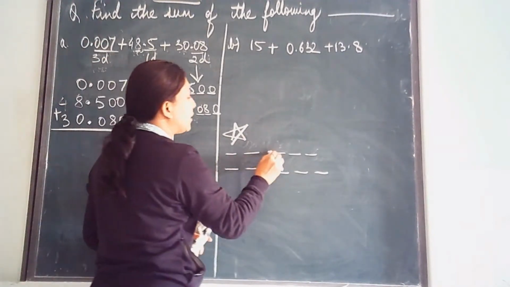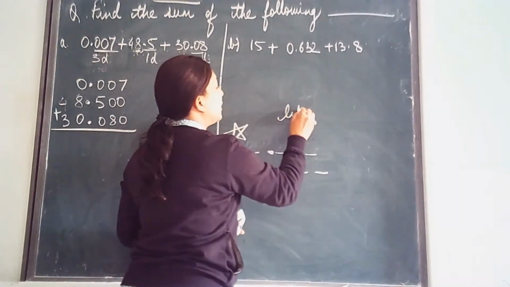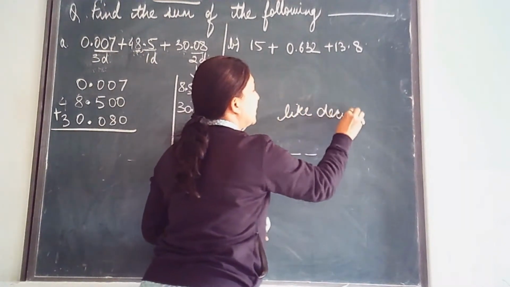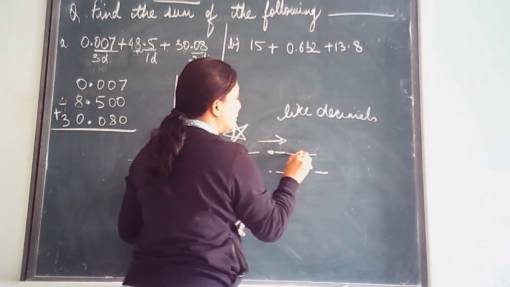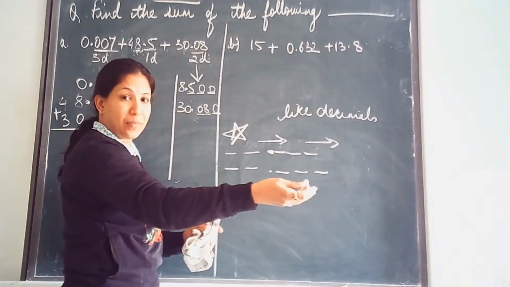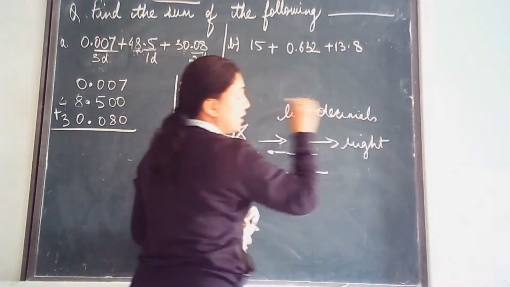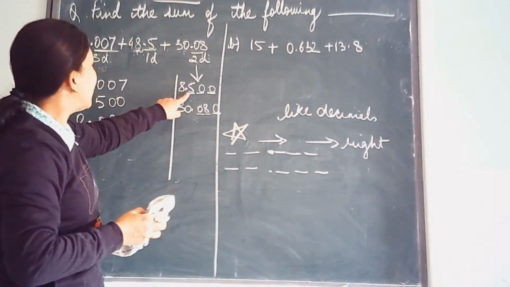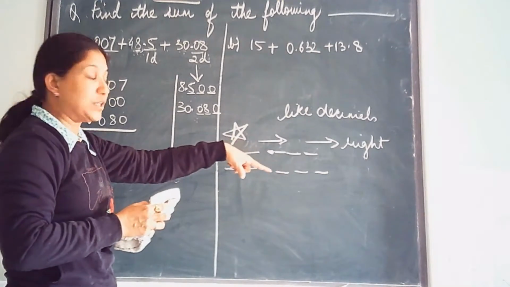When you see the number of digits after the decimal, to convert it into like decimals, you place zeros after the point, towards the right side. Here it was 1, here it was 2 digits, so 1 zero towards the rightmost side.